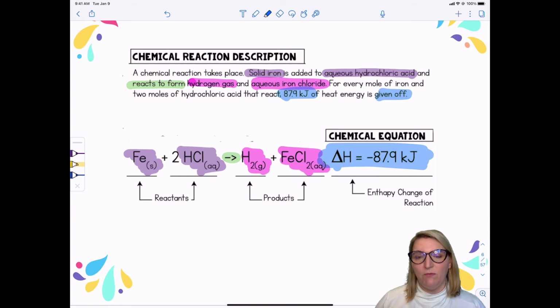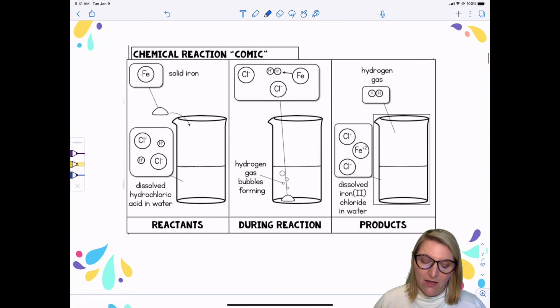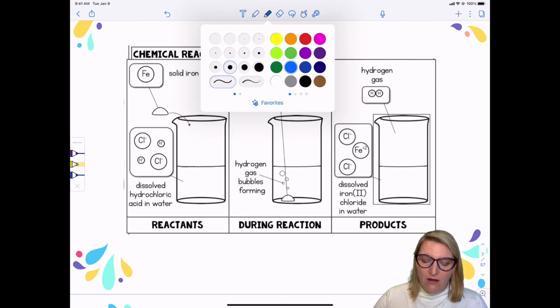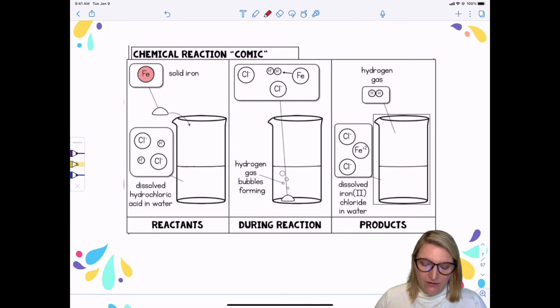And there's the 87.9. And then here's that same idea of a chemical reaction, but looking at it at more of a particulate level, looking at the actual particles that are involved. So first you have this solid iron, and then it's in this mixture of HCl.